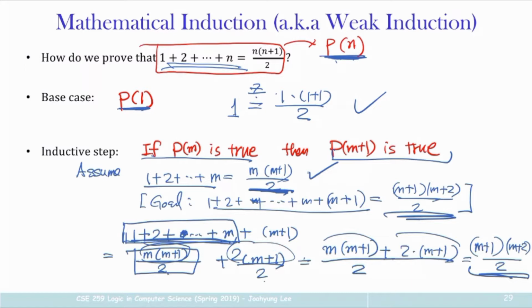The reason I changed to this is that I want 2 to be the denominator so that I can add these two numbers. So by the induction principle, if we prove these two facts, we are done.